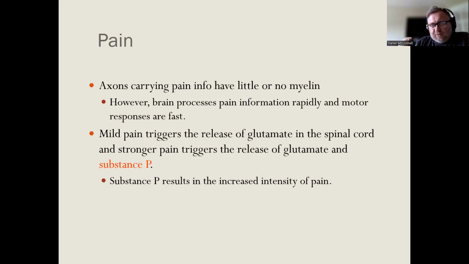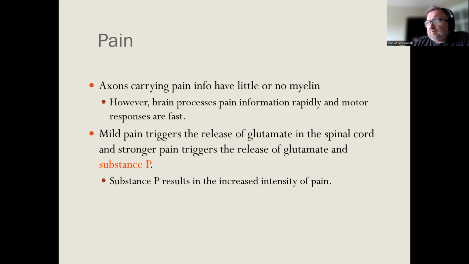Certainly it does end up in the cortex, resulting in our conscious awareness of the pain, but it also gets processed a lot in the spine and brain stem, because a lot of our reactions to pain are involuntary and reflexive, right? So we're going to have a much more rapid reaction to a painful stimulus. So we don't have to worry so much about the lack of myelin being a significant slowdown.